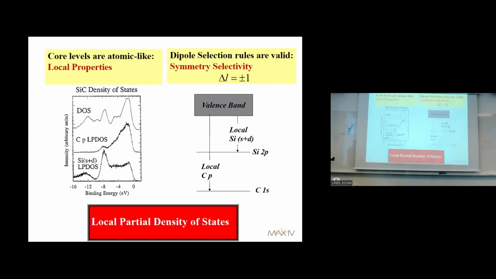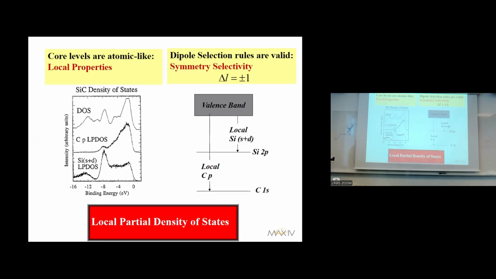Furthermore, these core levels that we're exciting are quite atomic-like. They're very localized on the atom where you do it. This means that X-ray emission, or RIXS, is a very local probe. It gives you information about the partial density of states from that atom.